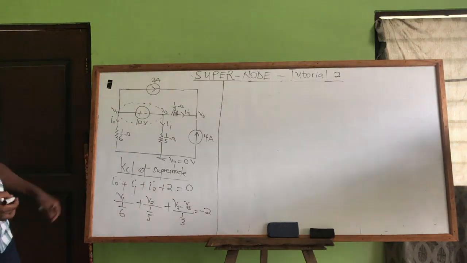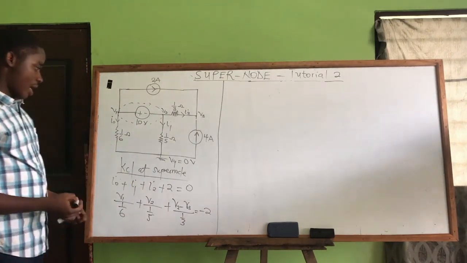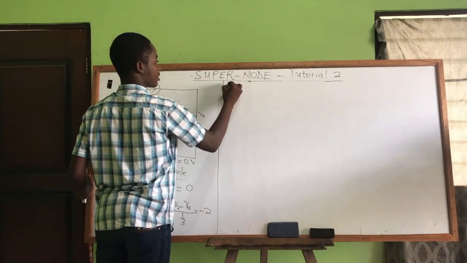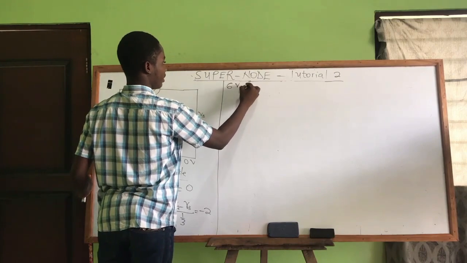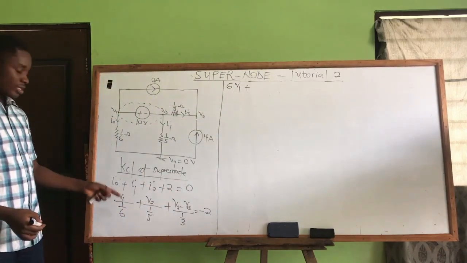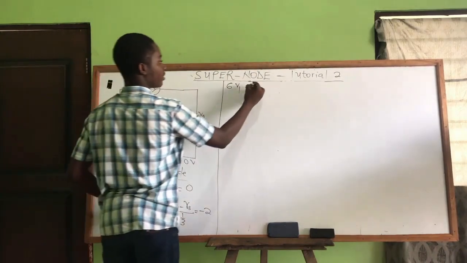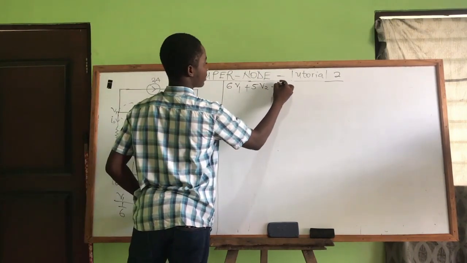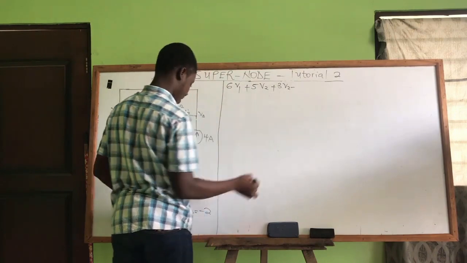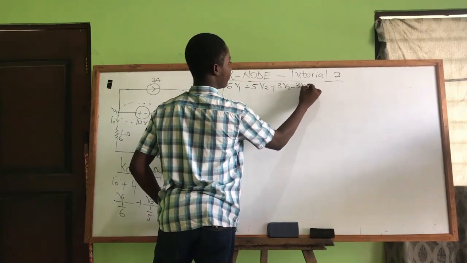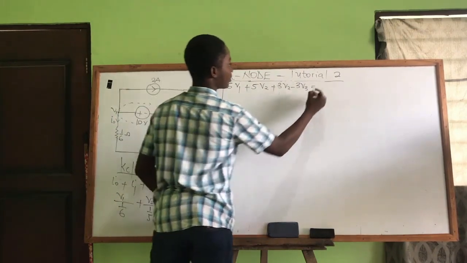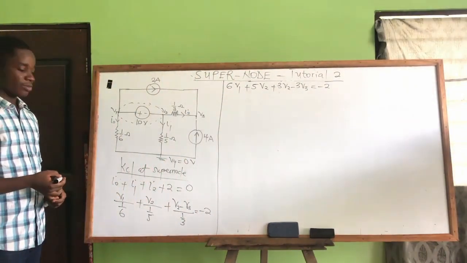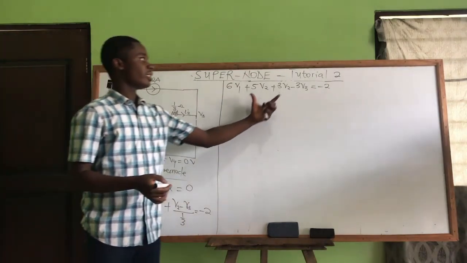We can do our expansion here. Taking the reciprocals, we have 6V1 plus 5V2 plus 3V2 minus 3V3 is equal to minus 2.